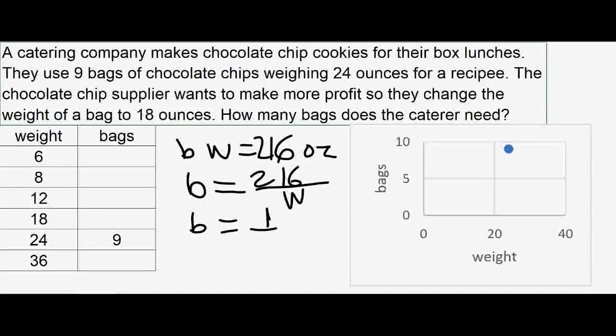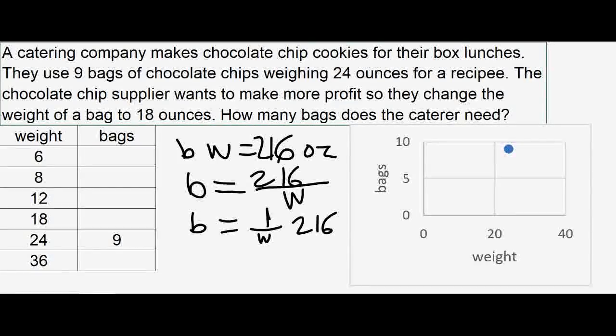Or there's another way to look at it. We can say we're multiplying 1 over W times 216. And 1 over W, you'll notice, is the reciprocal of W, the reciprocal of the weight. The reciprocal is also referred to as the multiplicative inverse.